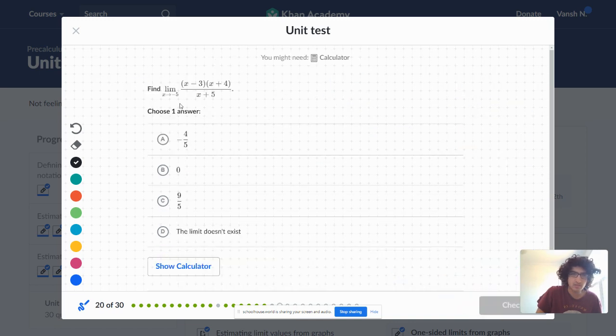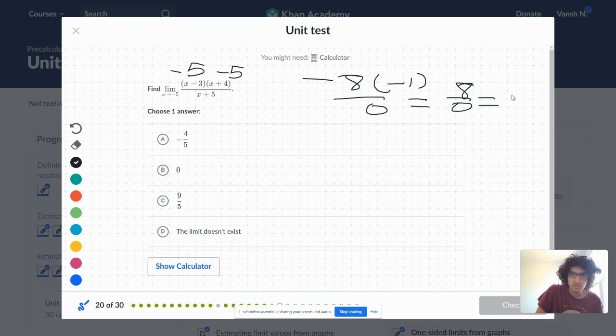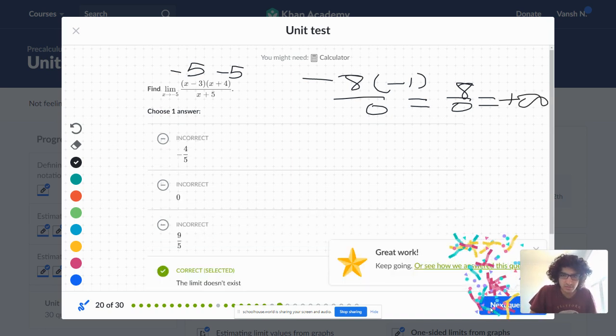Okay, so x equals -5. This is going to be -5 minus 3, so minus 8, times -5 plus 4, times -1, all over 0. So that's 8 over 0, which is infinity, and that's going to be DNE.